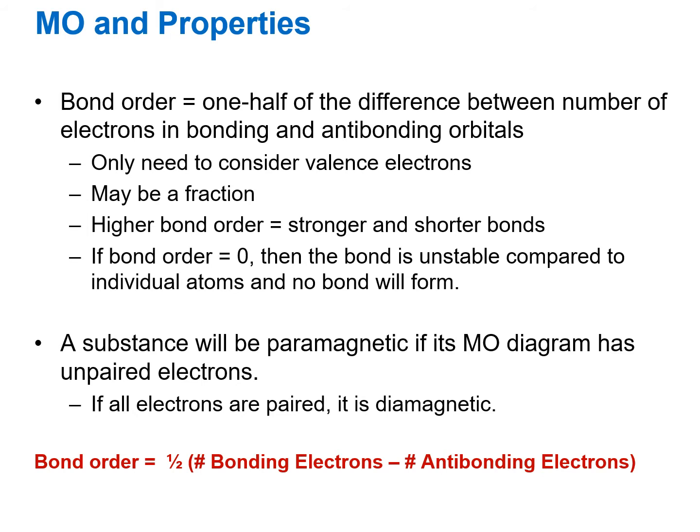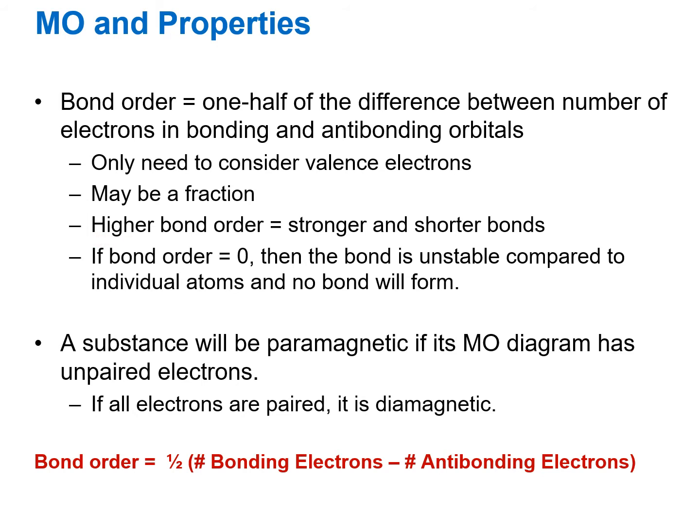Now here's the deal with a bond order. The bond order is going to be calculated based only on the valence electrons. We don't need to take into consideration all the electrons, just the ones in the outer orbital. This number may be a fraction in order to predict the likelihood of a union forming between two atoms.